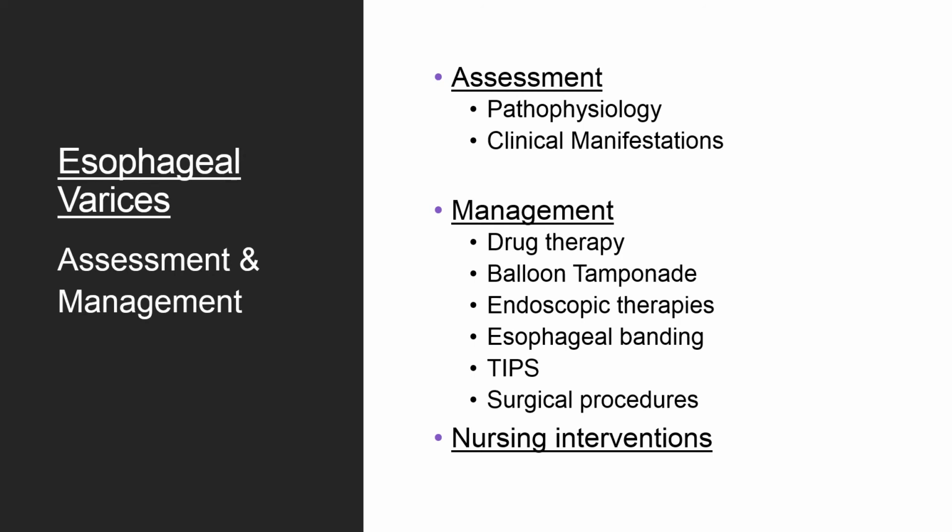Surgical procedures include ligation procedures and decompression stents. These are not the procedures of choice. These are considered rescue therapy as the last resort, or for those who aren't candidates for transplant, or as a bridge to a transplant.